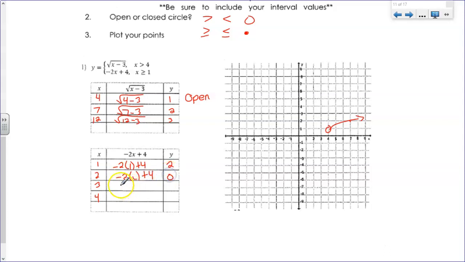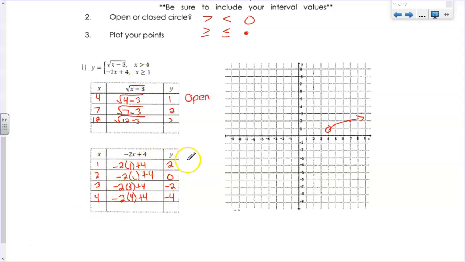That's going to give me 0. And then I plug 3 in. That's going to give me negative 2. And then I plug 4 in. Negative 8 plus 4 is negative 4. You could go on to 5 and so on and so forth, okay?